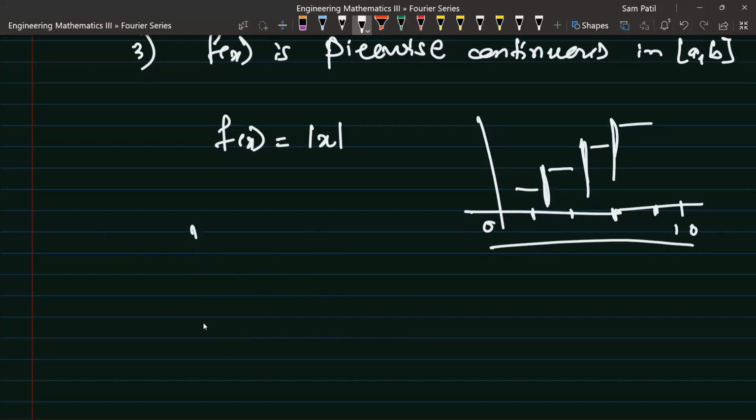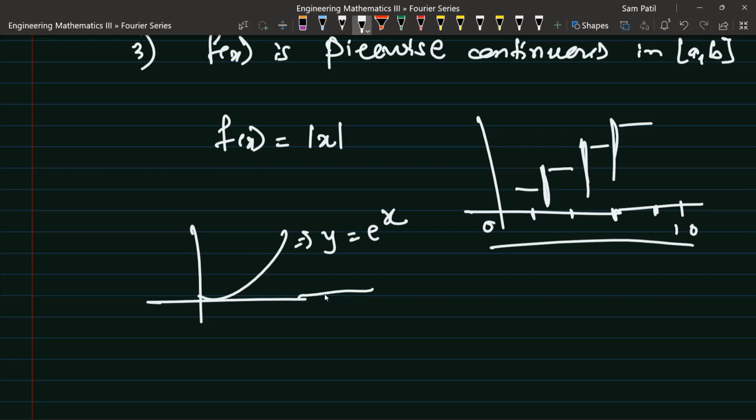If we see e raised to x, this is the graph of the function y equal to e raised to x. This function is a smooth curve. It doesn't have a break, doesn't have any bend. So if we define the interval 0 to 10, and divide this interval into finite sub intervals, small pieces, in every piece the function is again continuous.